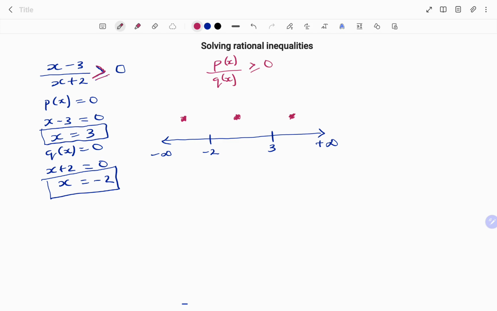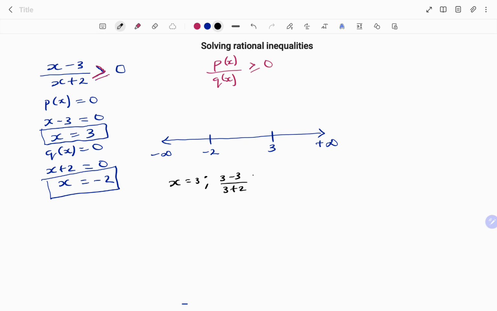Before we start testing a region, let's test our solutions first. The first one is x equals 3. If we slot x equals 3 into our inequality, we have 3 minus 3 at the top, and at the bottom we have 3 plus 2.